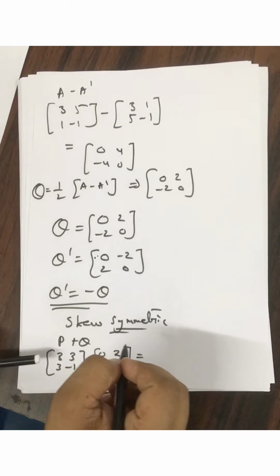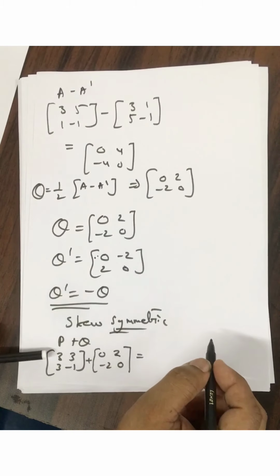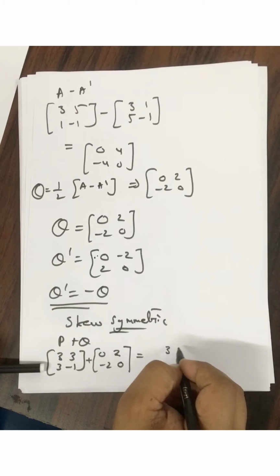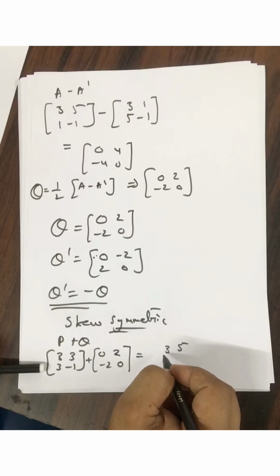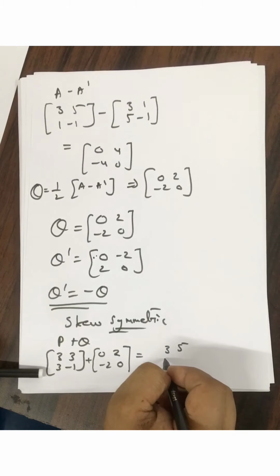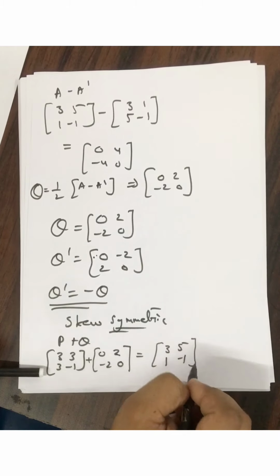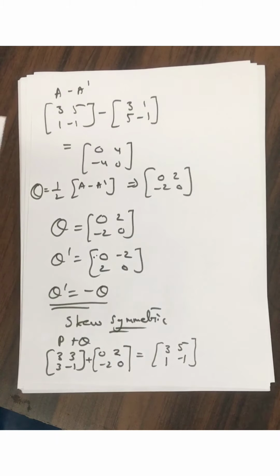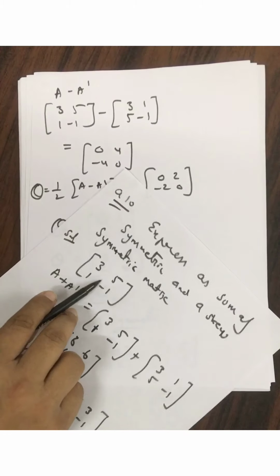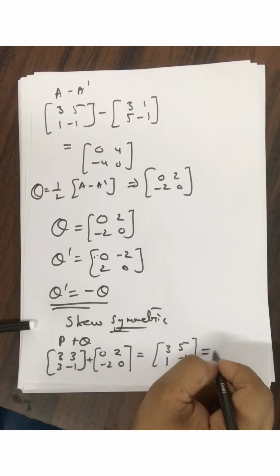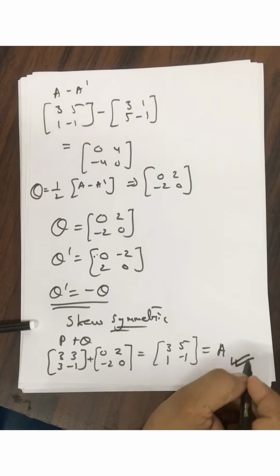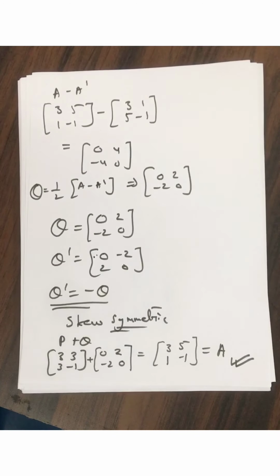This comes 3, 5, 5, then 3 minus 2, 1, and this minus 1. And this was actually the question, matrix A. We were supposed to go through this process only. Got it?